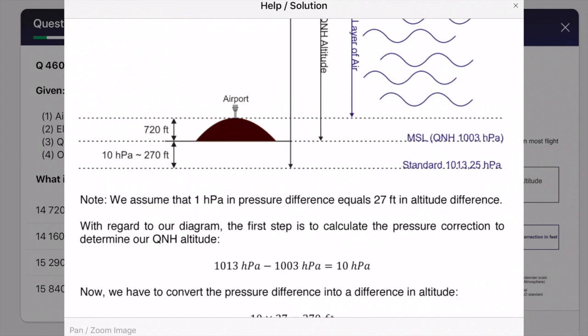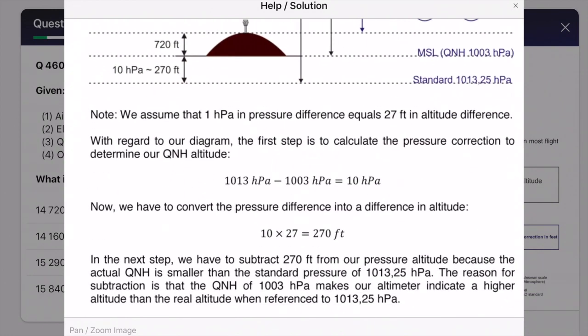The next step is to convert this pressure difference into a difference in altitude, and as mentioned before, we assume 27 feet per hectopascal. So we just calculate 10 times 27, and this gives us a result of 270 feet in difference in altitude.